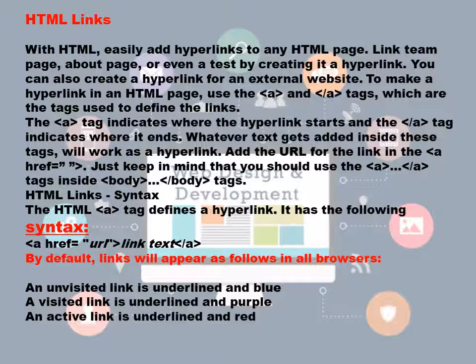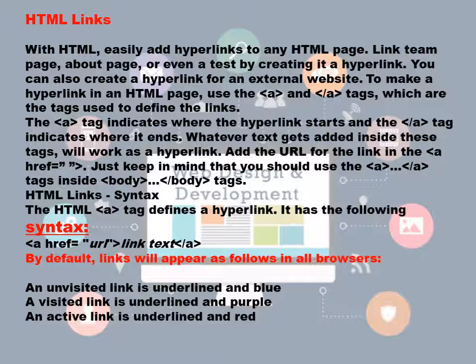Whatever text gets added inside these tags, the opening and the closing, will work as a hyperlink. Means whatever content you write between the opening and the closing of the anchor tag will work as a link. By clicking on that content, the particular link will open, whatever address you are providing.